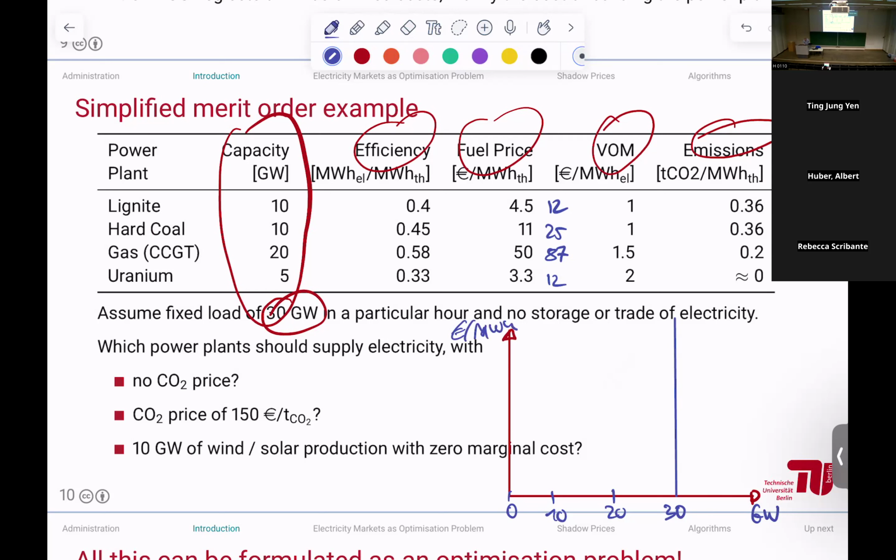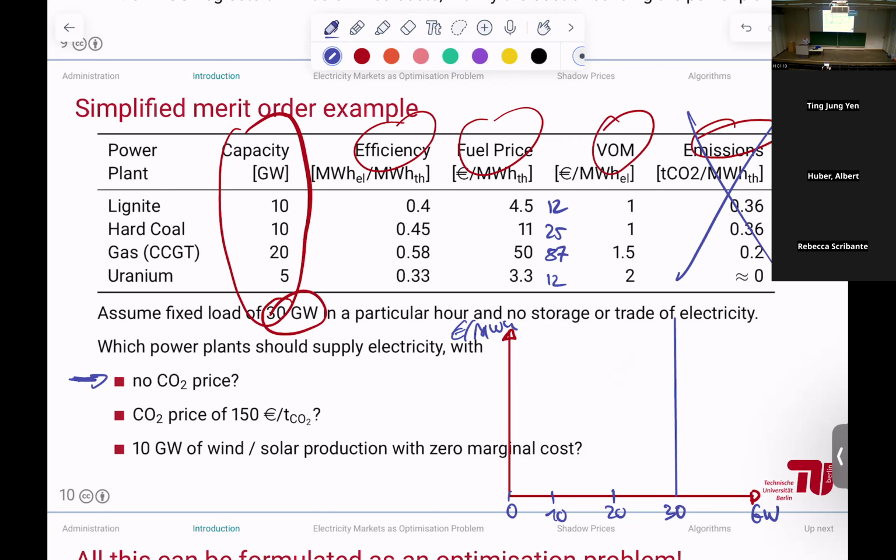And now we would calculate the first case where we don't have any CO2 pricing, so we don't need to worry about the emissions at all. And we could now calculate the short-term marginal generation cost. For the first one here, we would have 4.5 euros per megawatt hour.